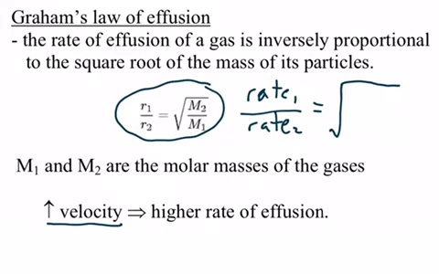Now pay attention to this carefully. Notice that the molar mass of gas 2 goes on the numerator, and the molar mass of gas 1 goes on the denominator. Look at this relationship right here. The rate of gas 1 and the molar mass of gas 1, notice how they are on opposite sides of the equation.